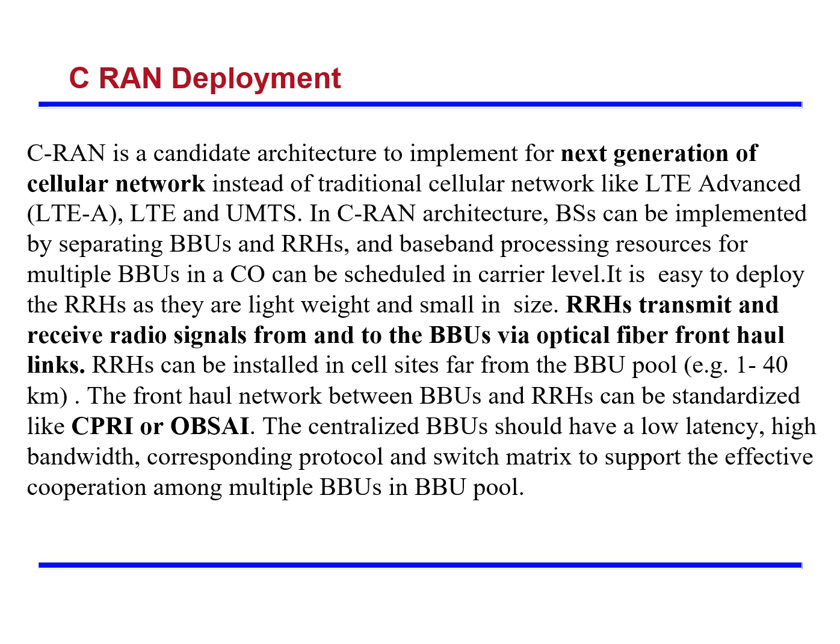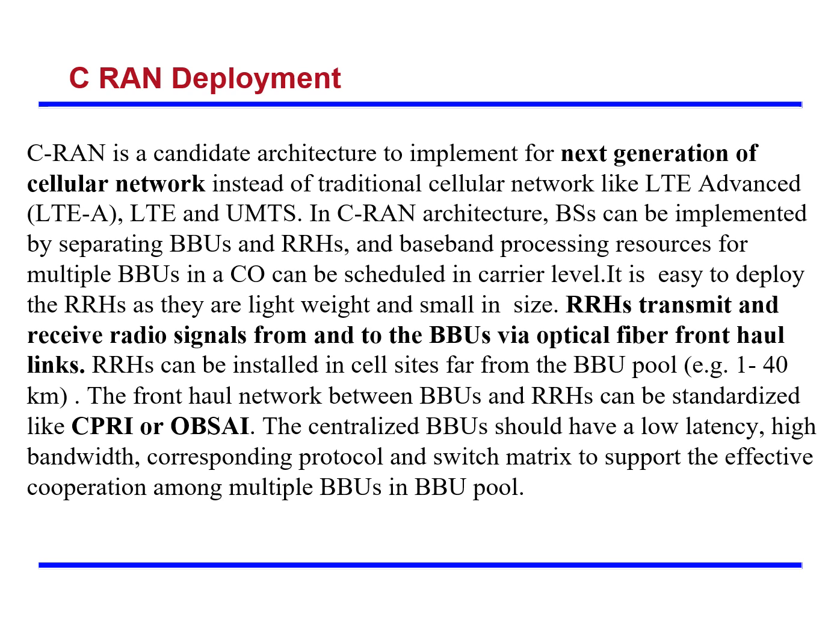RRHs transmit and receive radio signals from and to the BBUs via optical fiber fronthaul links. RRHs can be installed in cell sites far from the BBU pool. For example, it can be from 1 to 40 km.